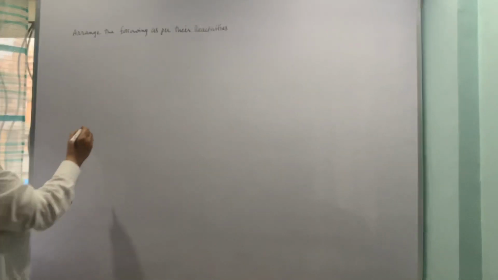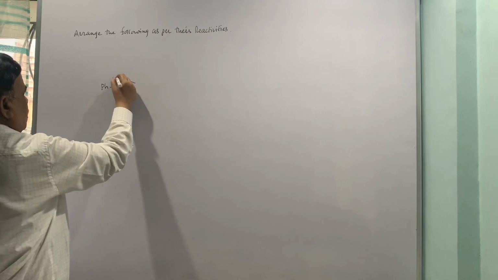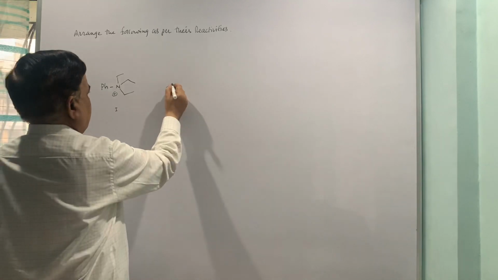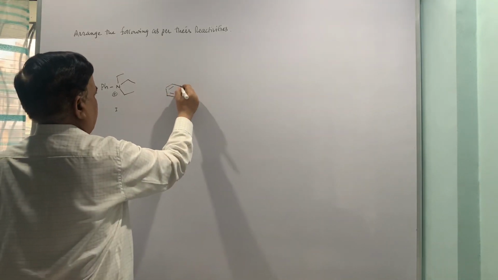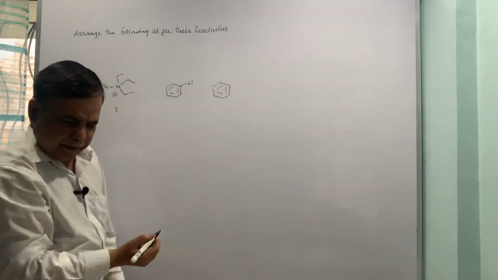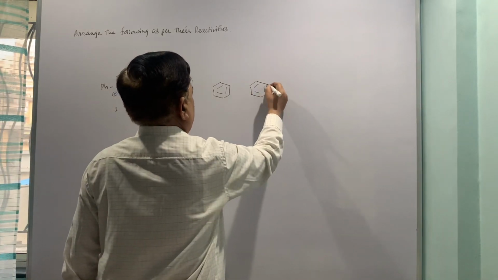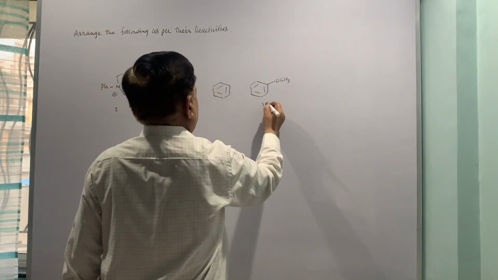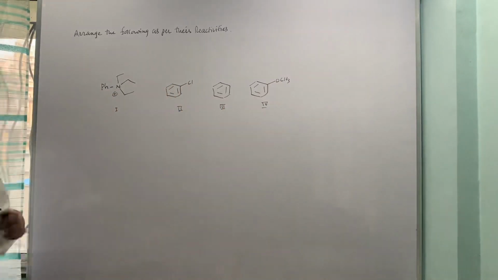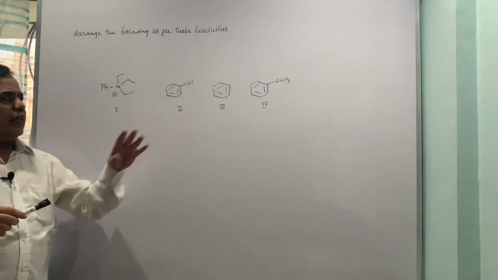So first one is this, second is chlorobenzene, third one is benzene, and fourth one is anisole. So first one is quaternary salt on benzene ring, then chlorobenzene, benzene and anisole.